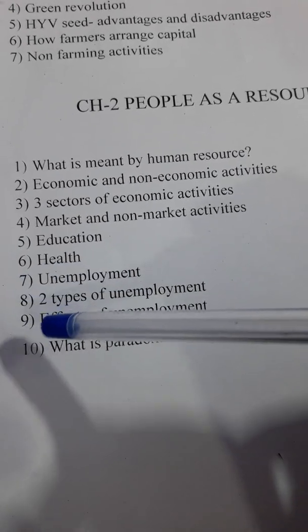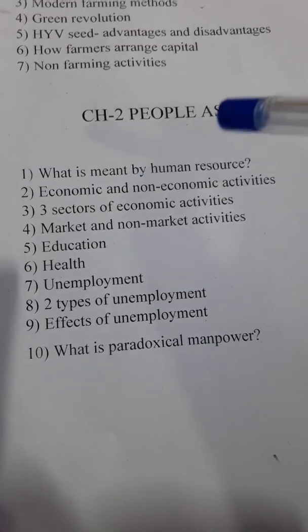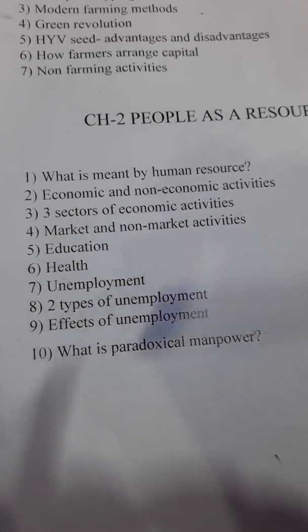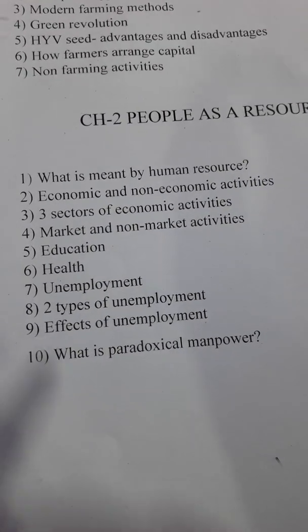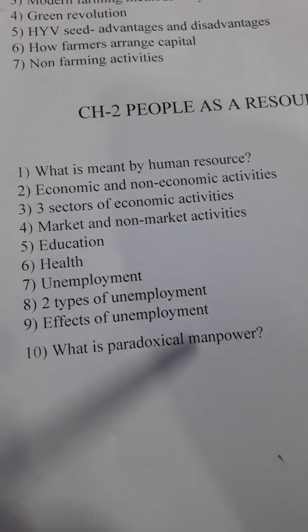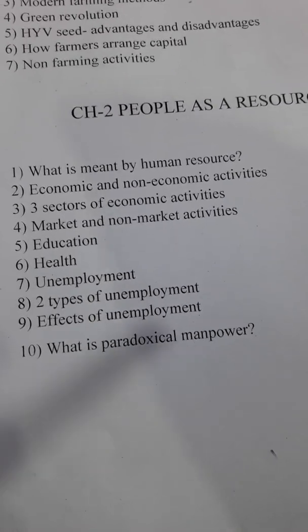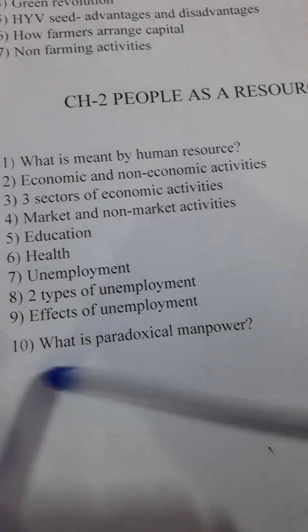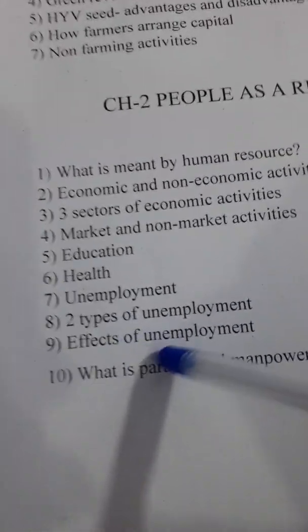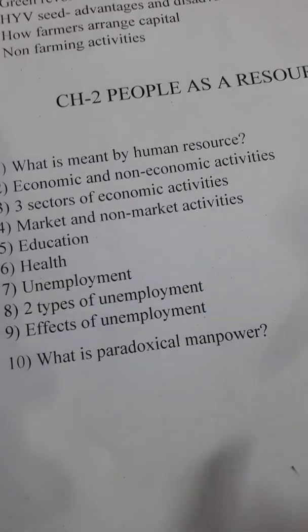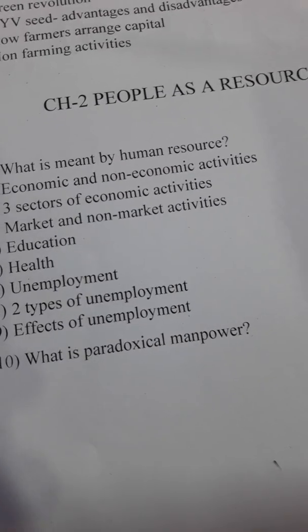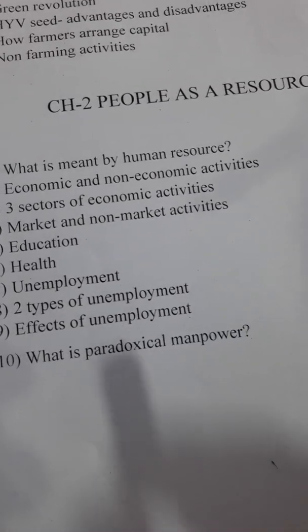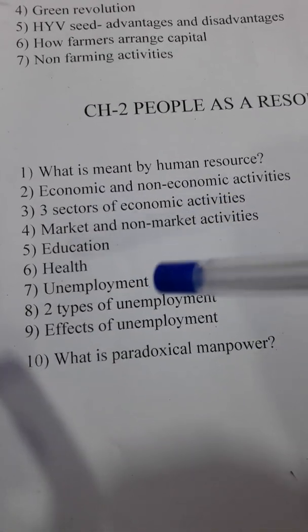And eighth is the two types of unemployment. Unemployment is also of two types, and actually there are three types, but mainly the types are broadly classified into two. And the ninth question is the effects of unemployment. What are the effects, the consequences of unemployment?